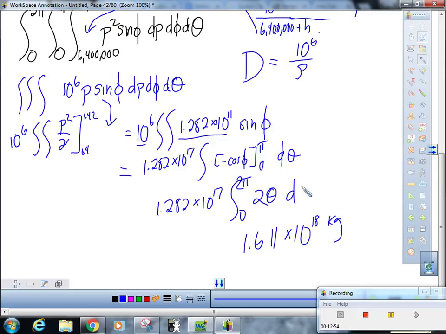Yep. Because then you end up getting 4 pi. And 4 pi times this is what gets us to the extra 18, which is 1.611 times 10 to the 18th kilograms. Okay? So if we had the right density function, we could have properly estimated the weight of our atmosphere. And that is atmospherical calculus. Boom! Boom!